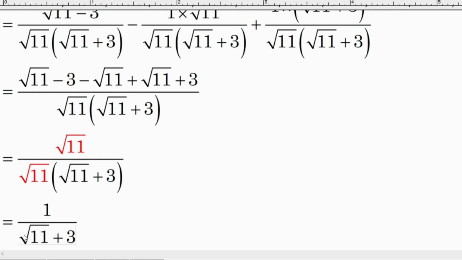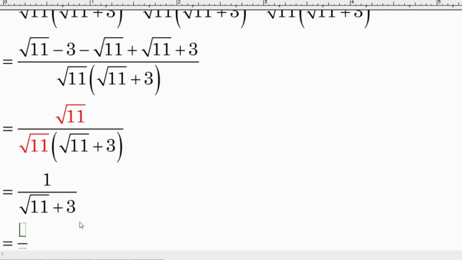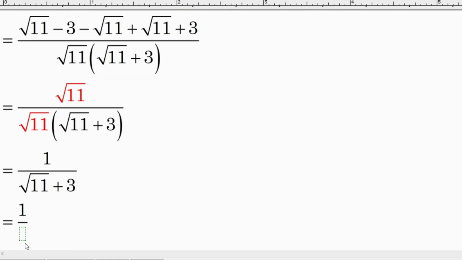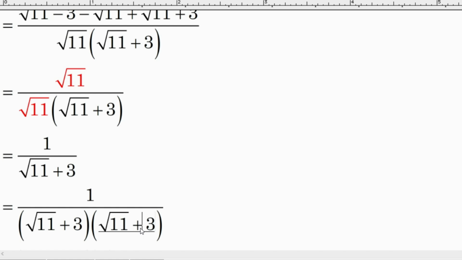Now what we're going to do next is rationalize the denominator here, so we have to multiply by the conjugate. The conjugate of these factors is square root of 11 minus 3, where the sign changes to negative.